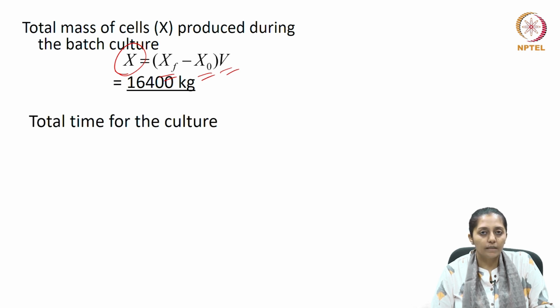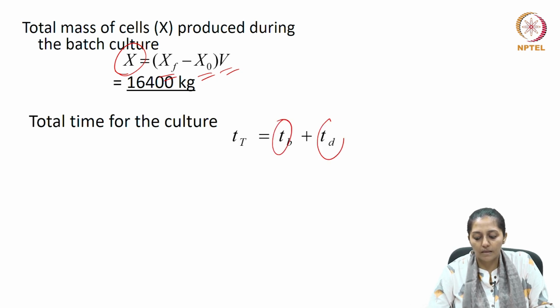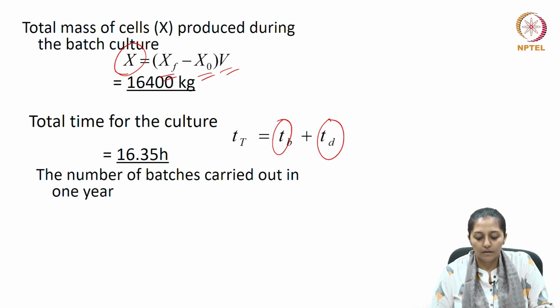Now, the total time before we run the second batch will be the batch time plus the downtime. We know the batch time, and the downtime has been given in the problem. So, we add the batch time with the downtime, and it turns out to be 16.3 hours as the total time.